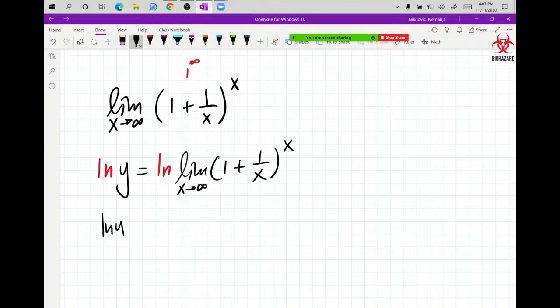We have ln y is equal to, now there is a proof in mathematics which is given to show that you can interchange log and the limit. It's part of advanced calculus. Has to do with function being increasing and all of that kind of stuff. But we can interchange these.